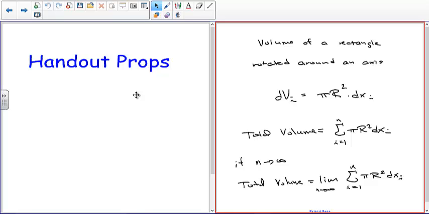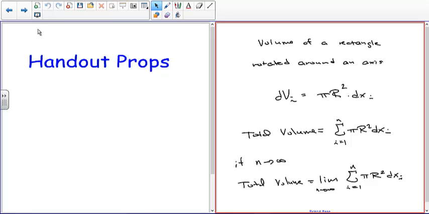Well, we have the summation sign from i equals 1 to n of pi times r squared, the local radius, times the dx value. And then to get the exact value, we take the limit as the number of disks goes to infinity. So the exact answer is the limit as n goes to infinity of the summation from i equals 1 to n of pi r squared times dx sub i.